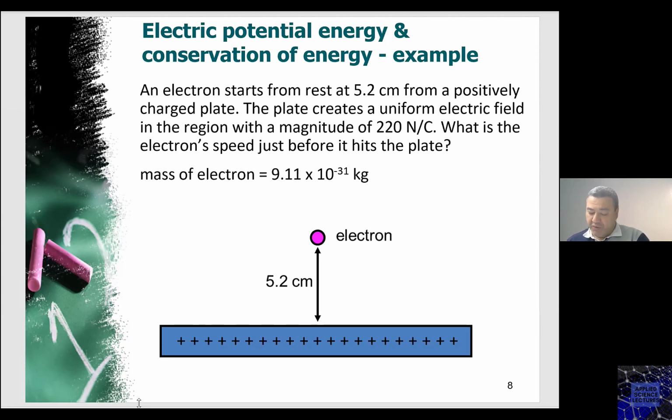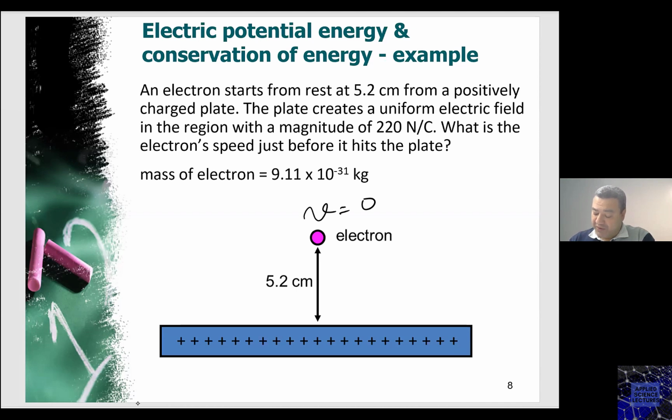Okay, so what do we have here? We have an example with the conservation of energy. Let's look at this question, trying to apply the conservation of energy to solve it. We have an electron that starts from rest, which means the velocity here is 0.